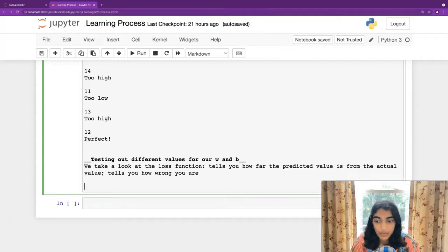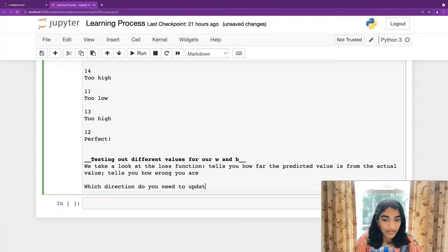Which direction do you need to update the parameters? Do you need to go up, meaning increase it, or decrease it?